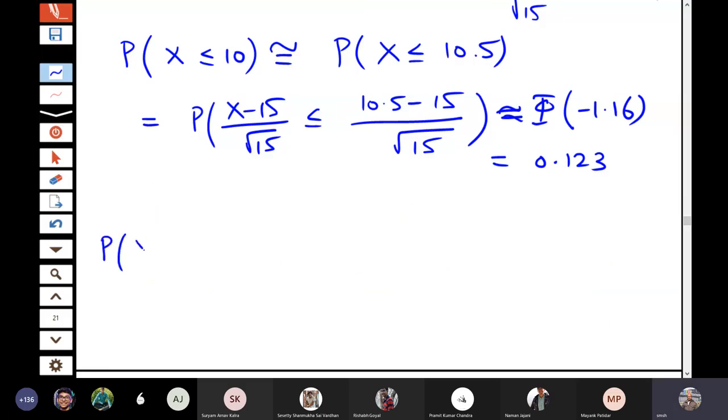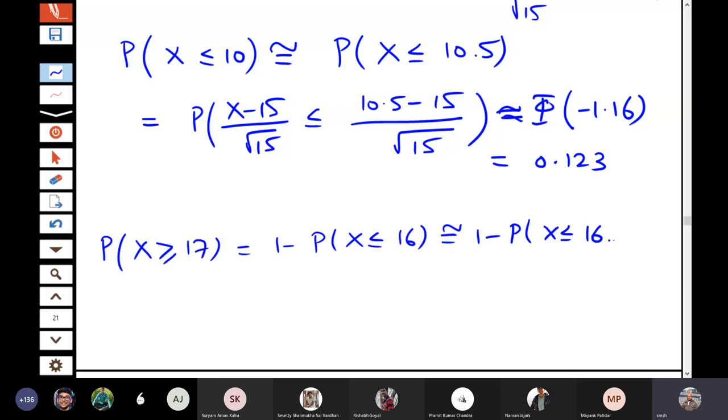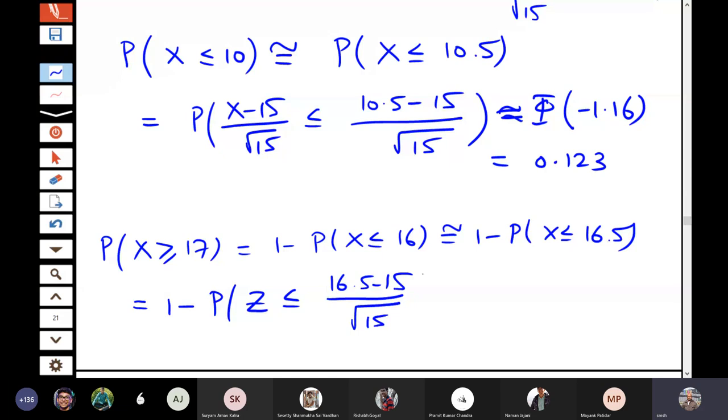Similarly, let us look at x greater than or equal to 17. Of course, you can write it as 1 minus probability x less than or equal to 16. That is 1 minus probability x less than or equal to 16.5, because we apply the continuity correction here. That is z less than or equal to (16.5 minus 15) by root 15.